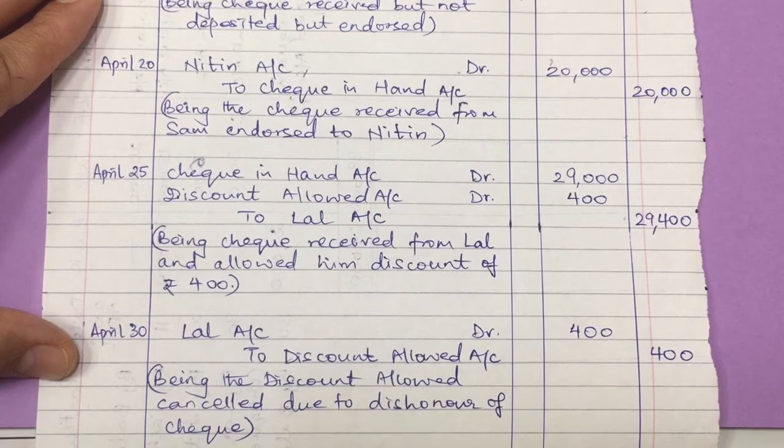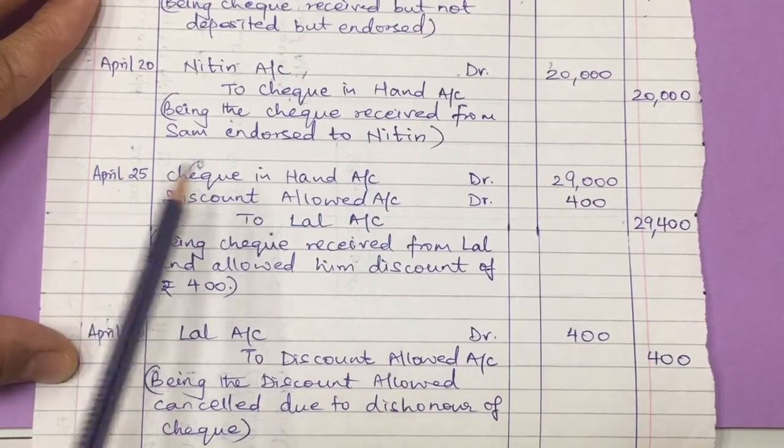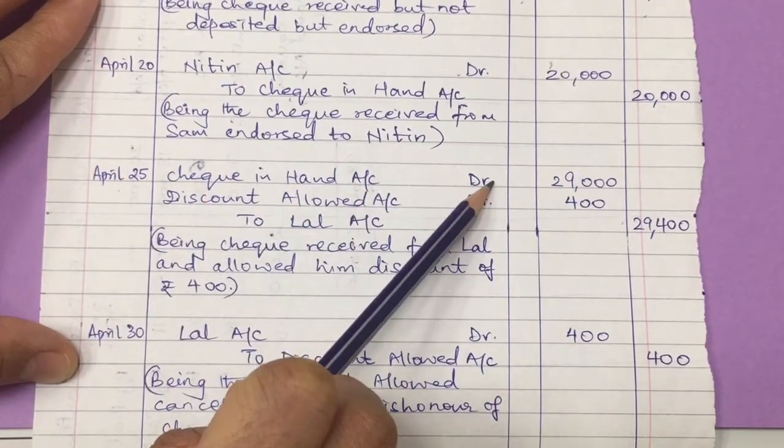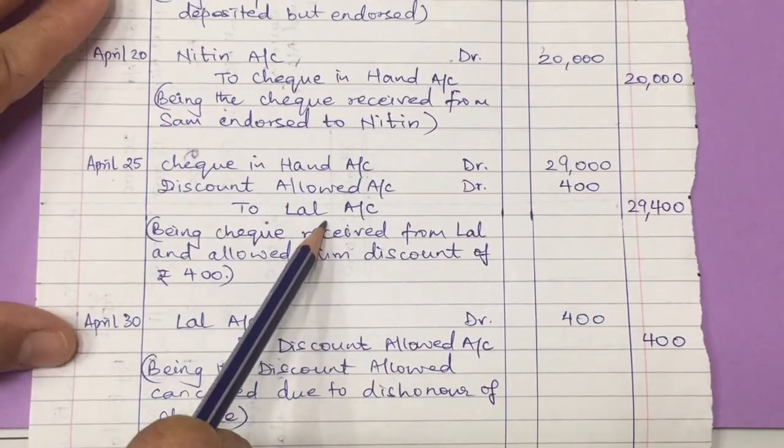On 25th of April, we have received a check from Lal, rupees 29,000 and allowed him a discount of rupees 400. Okay. And if you'll see further, it is written on 28th, we have deposited this check of Lal into the bank. So we had 3 days when the check was in our hand. So the entry will be on 25th, check in hand account debit, discount allowed account debit to Lal account.